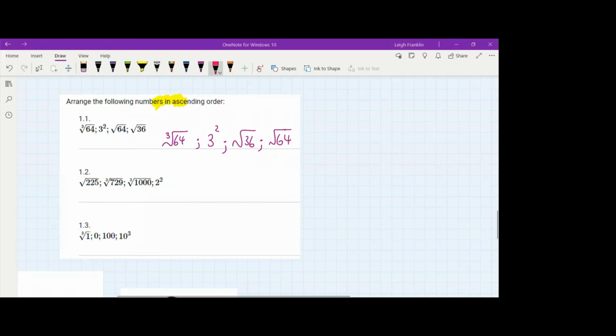Ma'am, the first one, ma'am, is the square root of 1,000, ma'am. The square root of 1,000. You mean the cube root of 1,000? Yes, ma'am. Okay, so are you saying, Karabo, that this number over here is the smallest number, the one I've just highlighted in yellow?